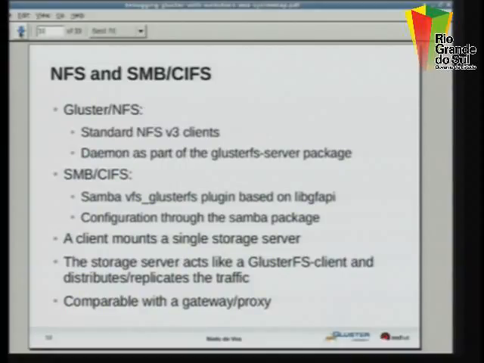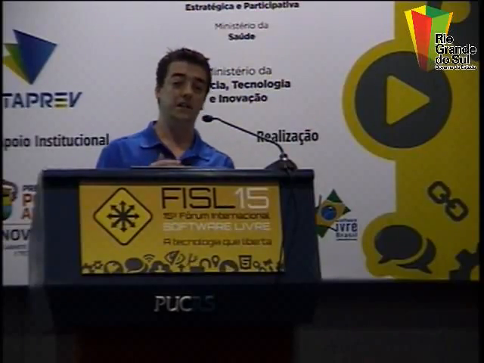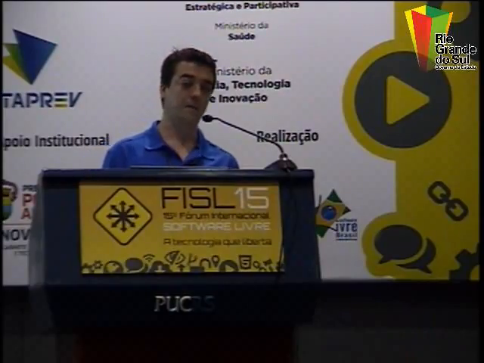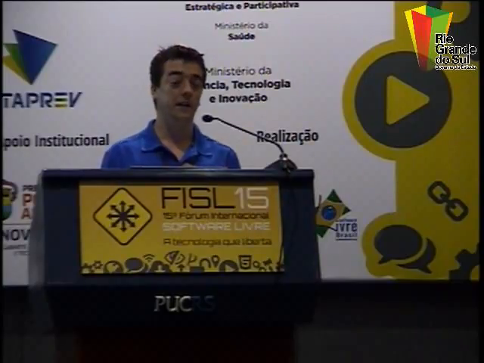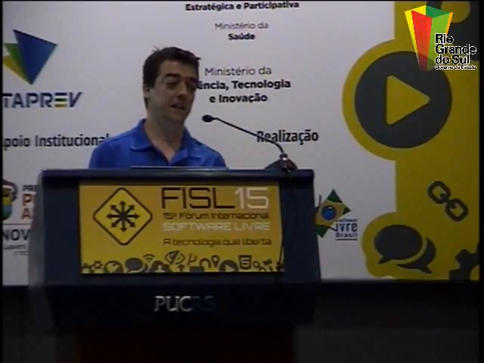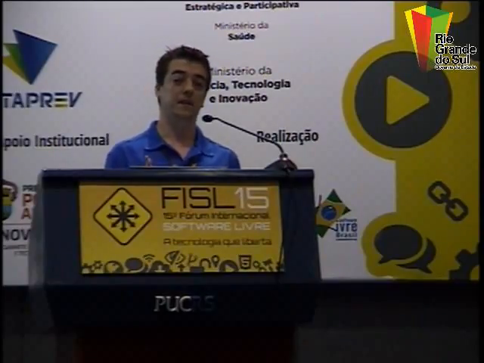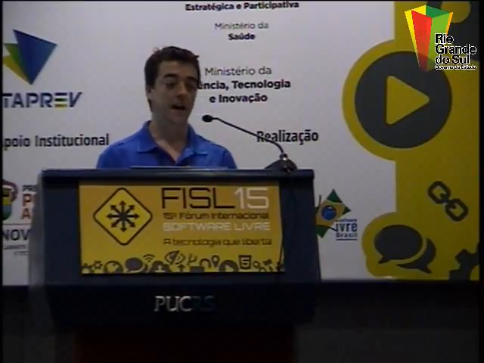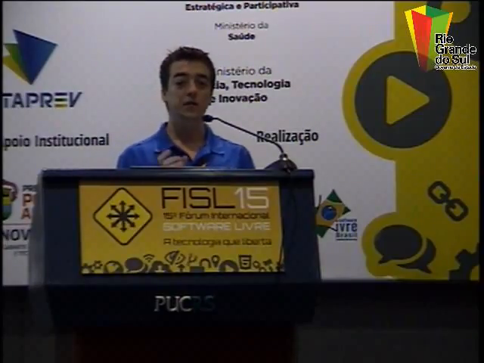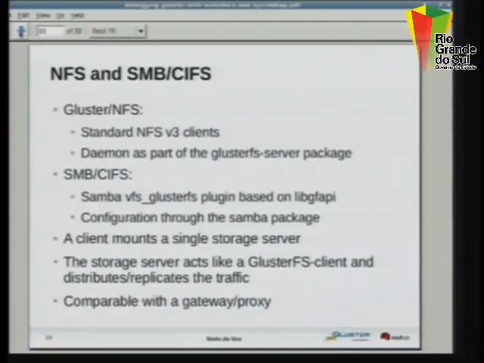The top translator is either Fuse, that ties into the Linux kernel with the Fuse module, or a translator that provides access through NFS. With Samba, we have another top translator, which is a GF API library, and we have a Samba module called VFS_GlusterFS, and this module uses the library and acts like a Gluster client this way.